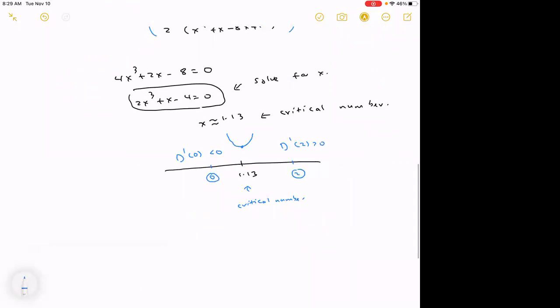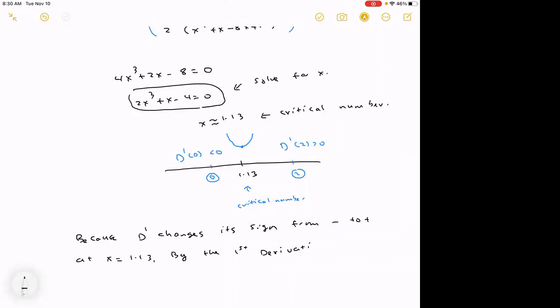So what do we write here? You don't have to write this, but I'm writing it just for you in case you forget: d prime changes its sign from negative to positive at x equal to 1.13, by the first derivative test.